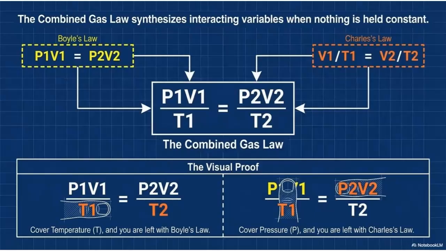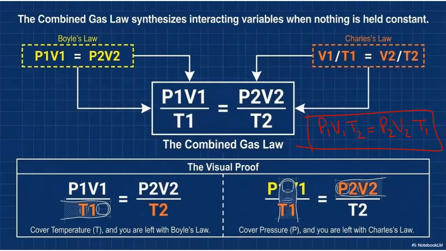Or if I want to write it in linear form, I can say P1 V1 T2 equals P2 V2 T1. And I like using the linear form because it's easier to solve once you substitute the values.